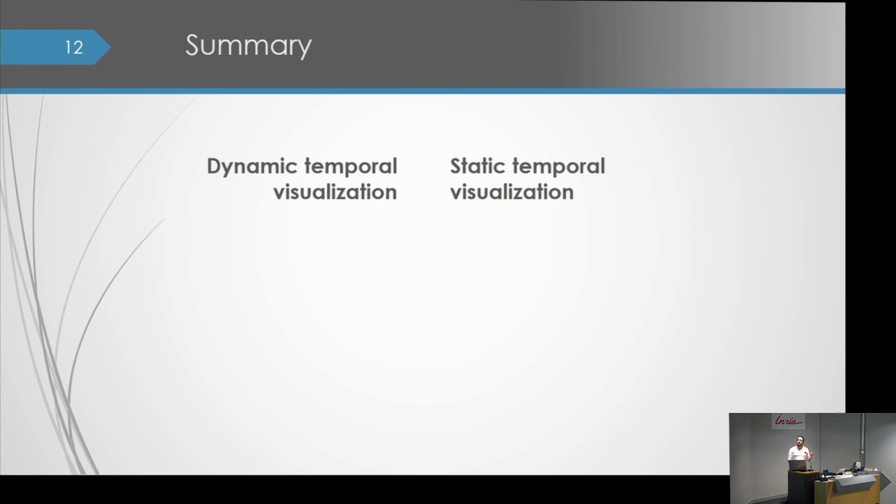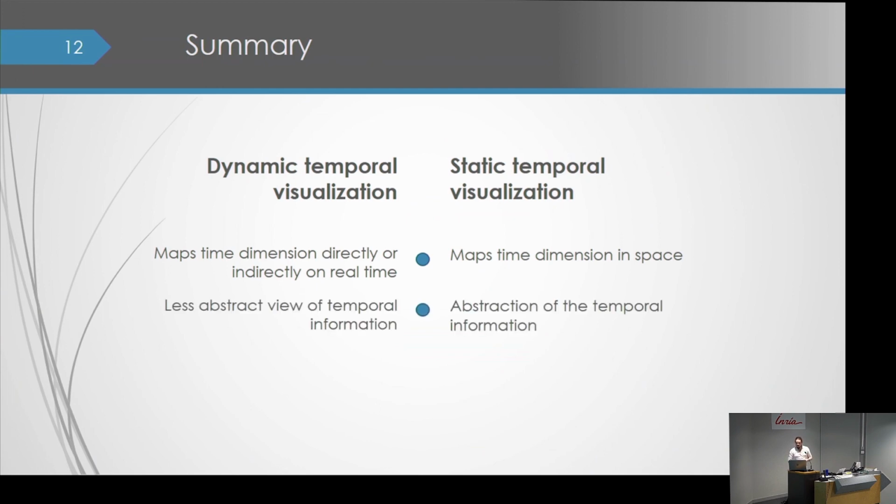So to summarize, dynamic and static temporal visualization map time differently. One maps time directly on real time, the other maps the information on space. There is a different level of abstraction. Dynamic methods might be easier to understand, since they map time on time. Actually, it's maybe less abstract.